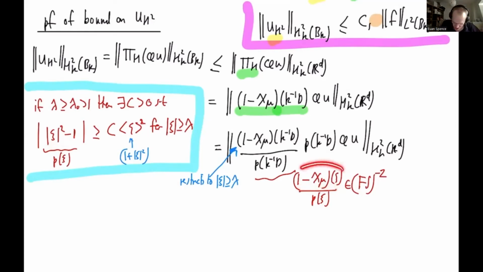So this thing is legal, and it goes like 1 over psi squared at infinity. So that's this Fourier symbol of order -2.